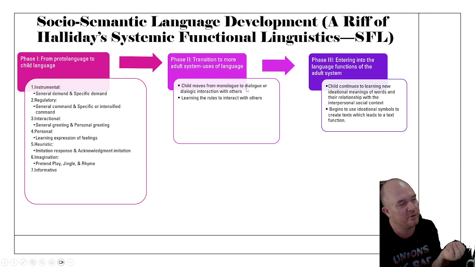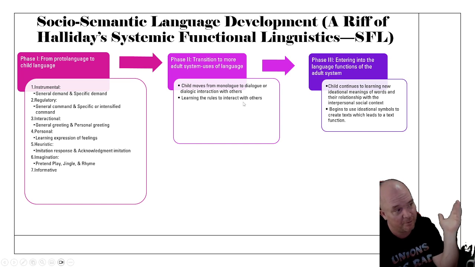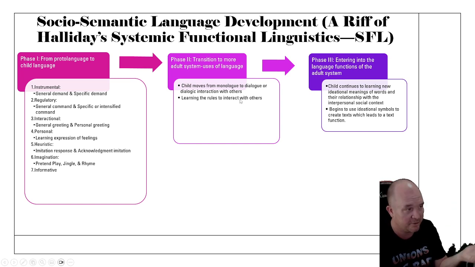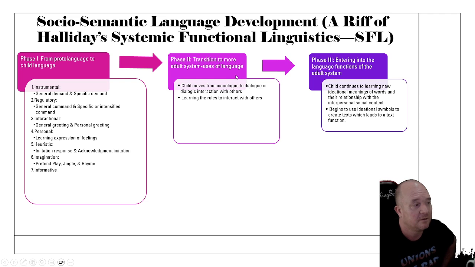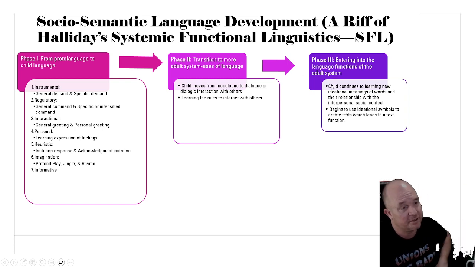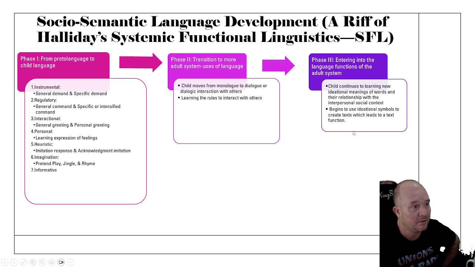So they're going to start moving from modeling to dialogue. They'll start learning rules like, hi, my name's Thor, and what's your name, type of way of learning how to interact with others. And then they're moving into more of an adult system use of language, where it's functioning as communicating with other beings.